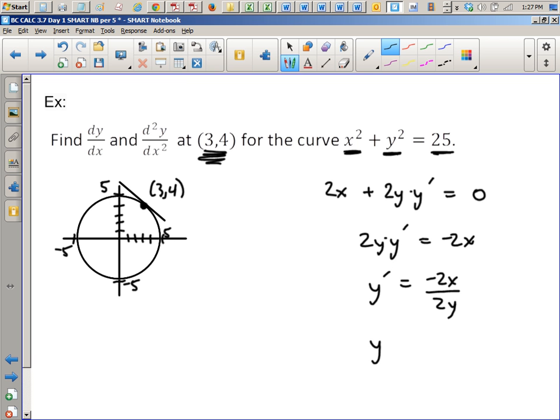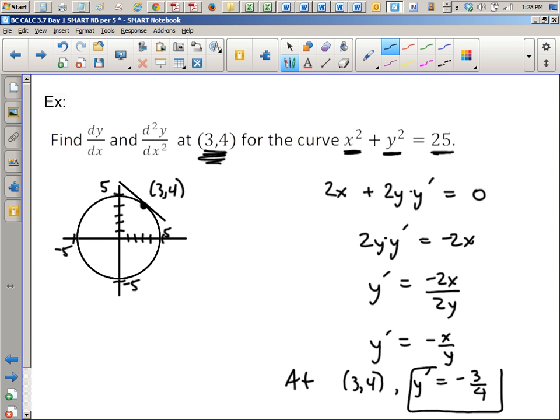Okay, so the answer is y prime equals negative x over y. Now remember, we were at the point 3, 4. So now it's time to plug in the 3 and the 4. So at 3, 4, y prime is negative 3/4. Right?